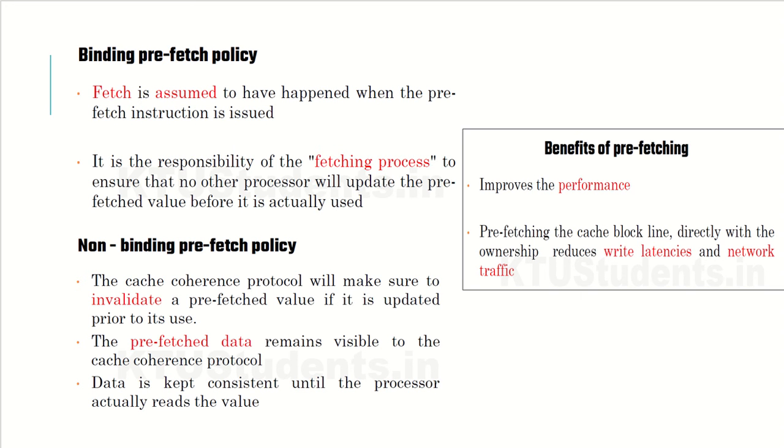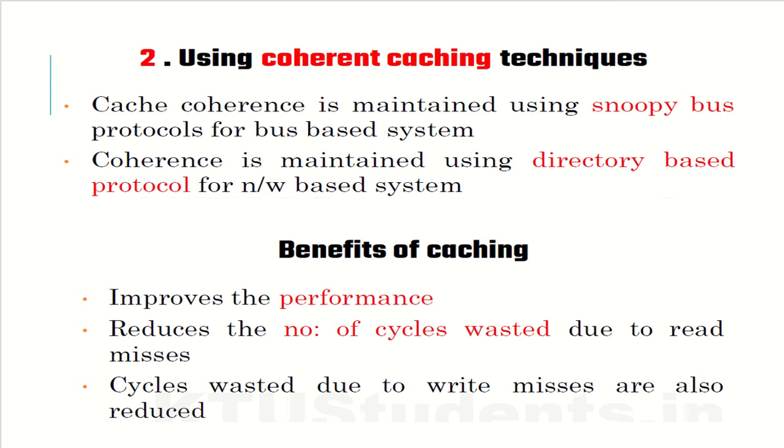Moving to the second one, which is using the coherent caching technique. Here, we have learned about cache coherence preservation using the Snoopy bus protocol, directory based protocol, and so on. The same approach is used in this mechanism also.